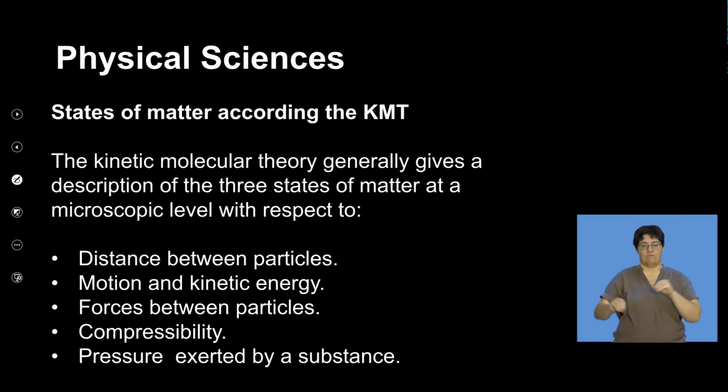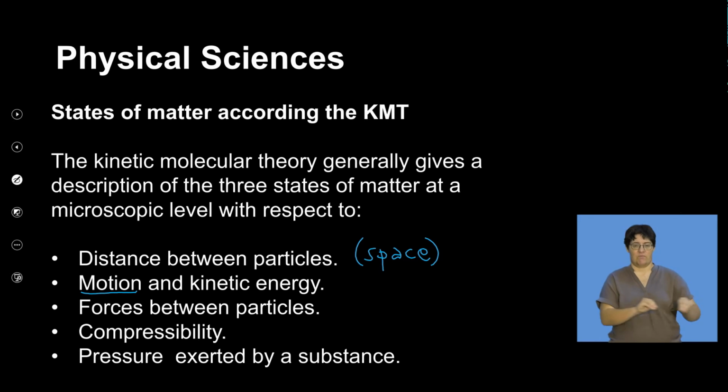But now, with respect to the kinetic molecular theory, we can look at it in terms of the distance, which affects the spaces between the particles. So the distance or the space between particles is something that is specific to the kinetic molecular theory in terms of the three different states of matter. We can also talk about it in terms of the movement and the amount of energy.